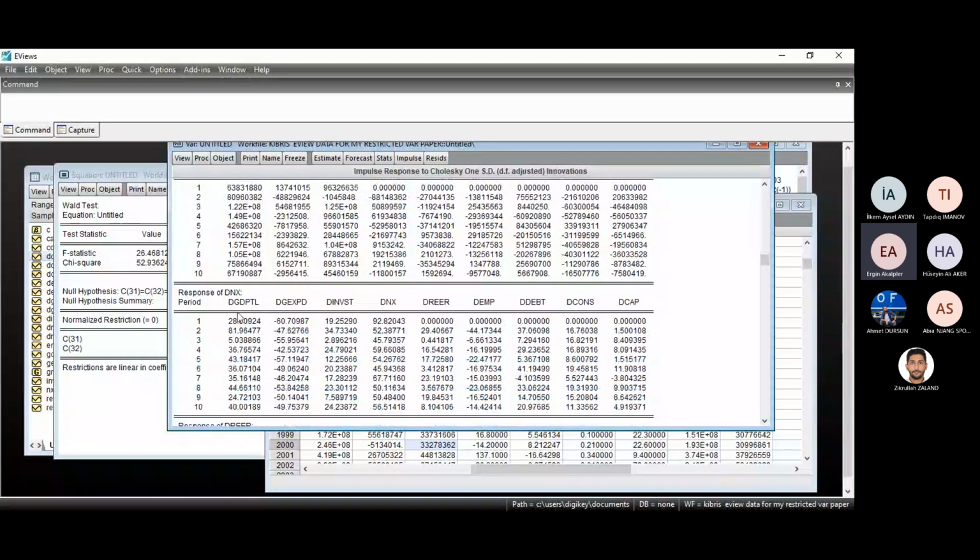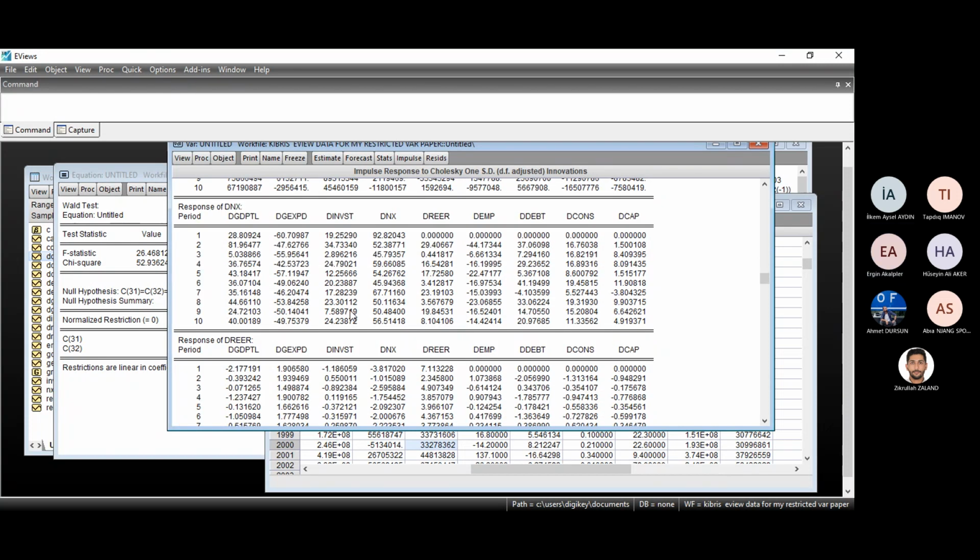When you come to the NX, again, GDP is negative, real GDP, of course, we are considering here per capita income, is negative. Governmental expenditure is negative, investment is positive, NX is positive. Exchange rate is positive, and employment is negative, public debt is positive, you may say, because only one, and consumption positive, capital positive.